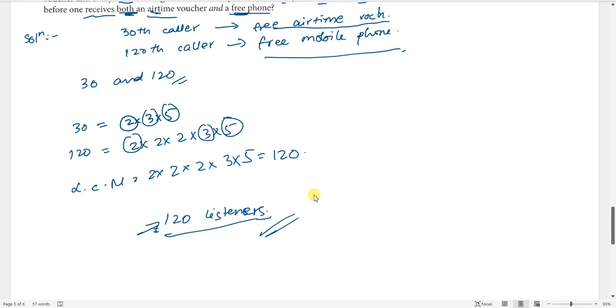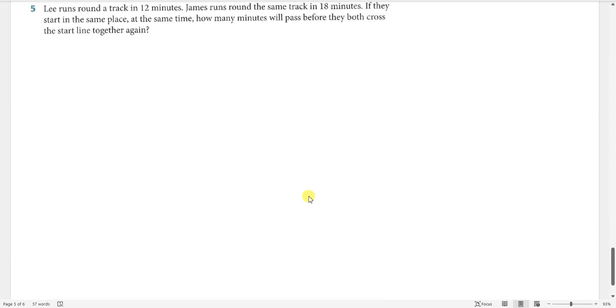Okay, moving to question 5. Lee runs around a track in 12 minutes. Okay, let's say this is a track. This is point A, this is point B. Okay, so this is Lee's timing.